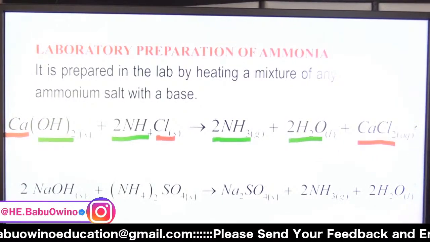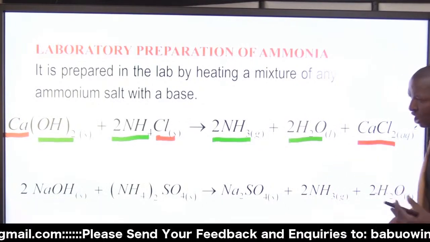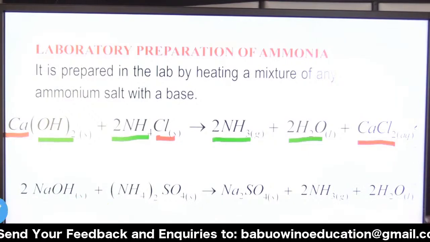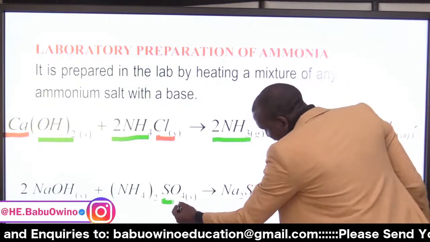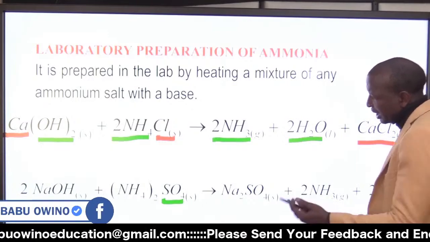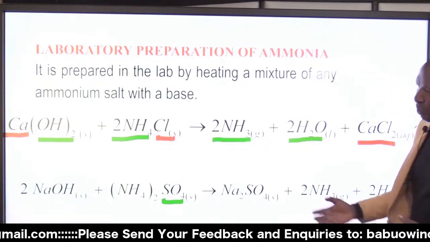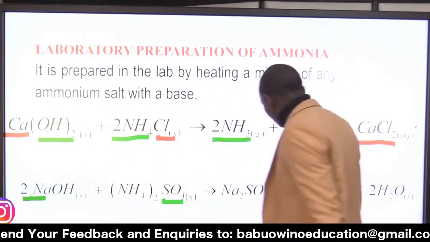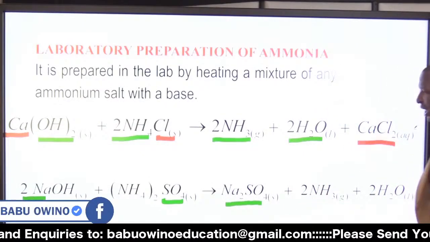Let's look at the other reaction. We have ammonium sulphate reacting with sodium hydroxide. We start by looking at the anion component of the ammonium salt, the sulphate ions, which will combine with the cation component, which is sodium, to form sodium sulphate.